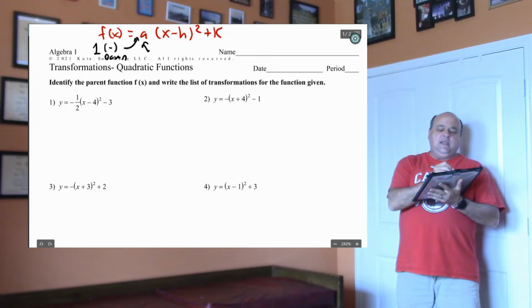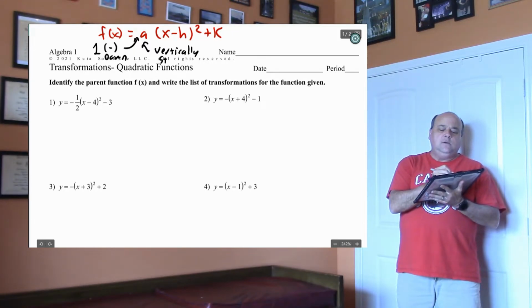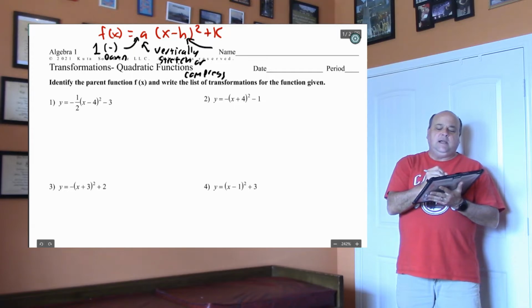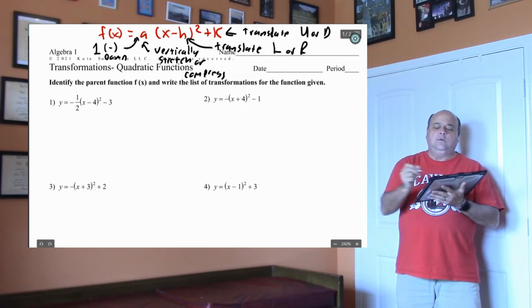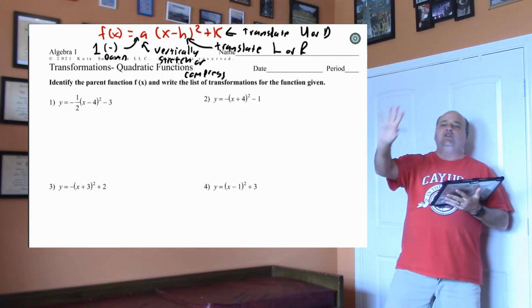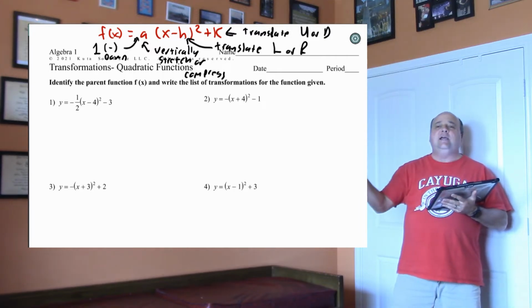The a is going to vertically stretch or compress it. The h is a translate left or right, and the k is a translate up or down.